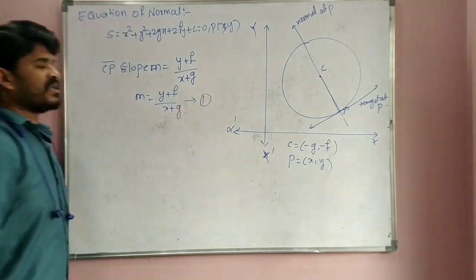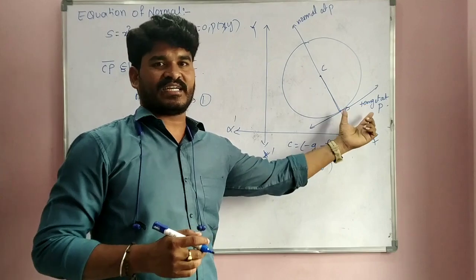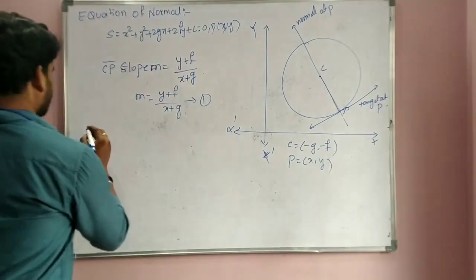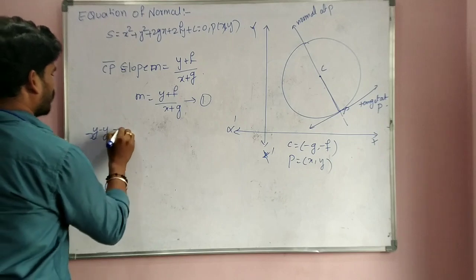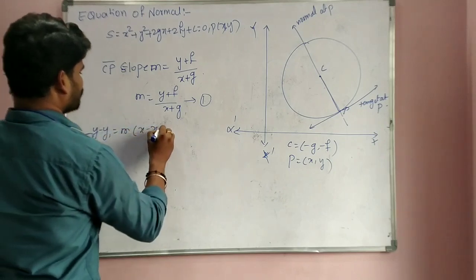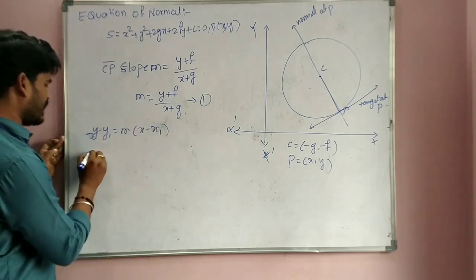This is equation 1. We already know that the normal is perpendicular to the tangent at the point of contact. Therefore y minus y1 is equal to m into x minus x1. Substitute the m value here.